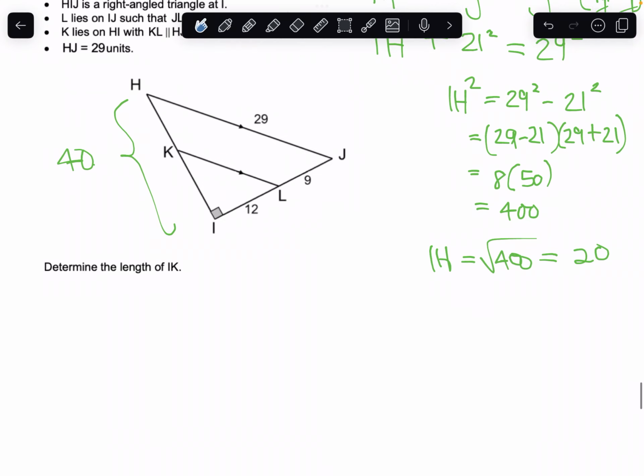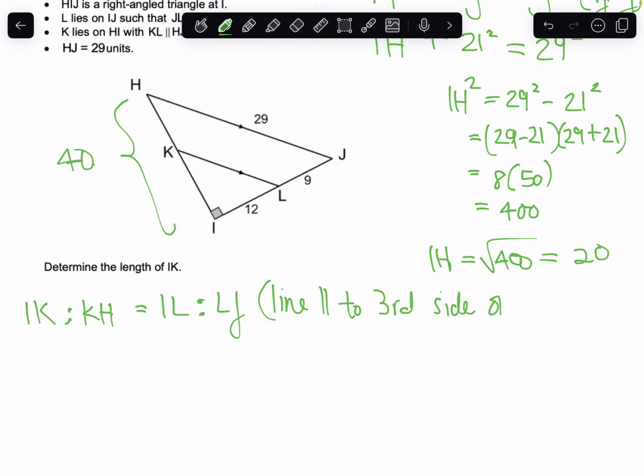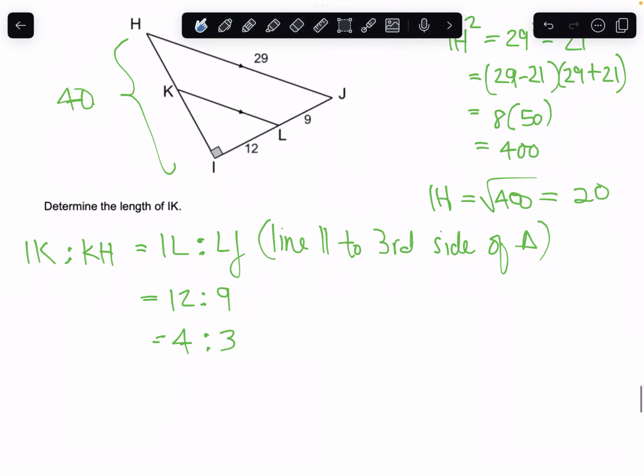Okay, so then we know that the ratio of IK to KH is the same as the ratio of IL to LJ, and that's because we have a line parallel to the third side of the triangle. The ratio between IL and LJ is 12 to 9, which can simplify to 4 to 3 if we divide both sides by 3.